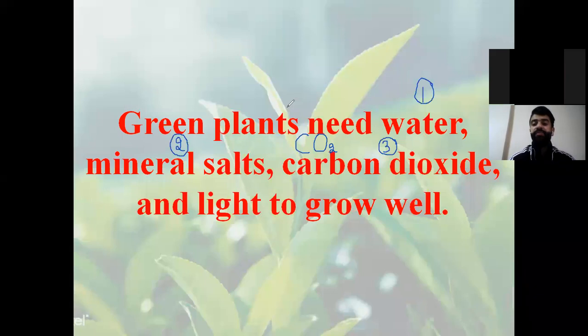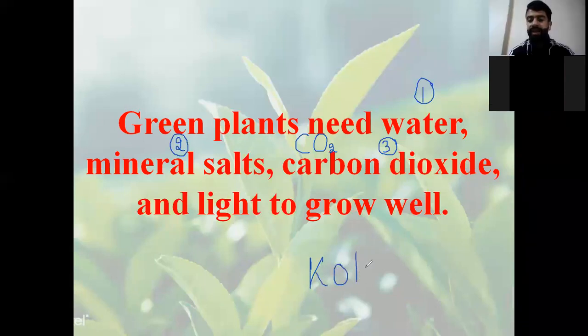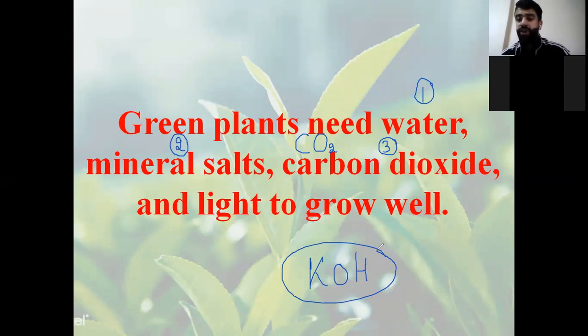Can you give me the symbol of potassium hydroxide? KOH. Very good. This is the potassium hydroxide. It's used to absorb the carbon dioxide. So whenever we have KOH, it absorbs the CO2, meaning that we don't have CO2 in the medium. Very good, Lin. Thank you.